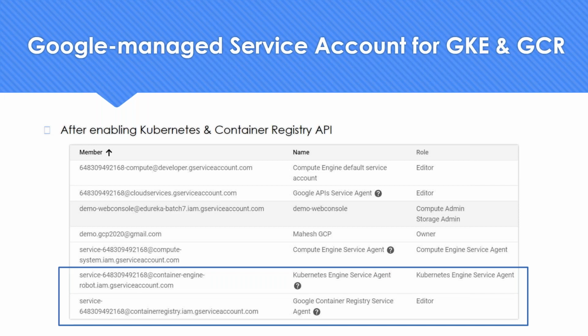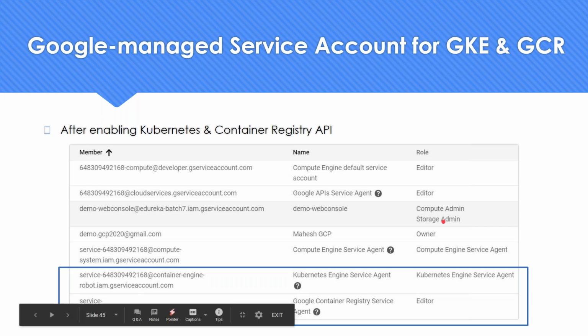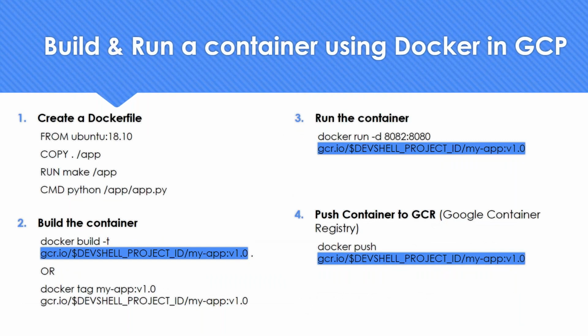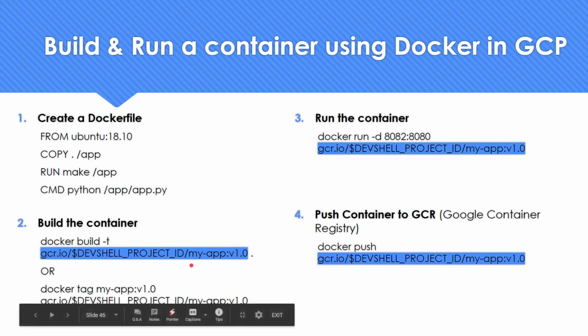We'll just verify this. Once we verify it, we will do a build process one more time, which is specific to GCP. The steps which you saw in the last hour were generic to any cloud. But now what we are going to see is specific to GCP. The specific part is that I'm going to use the gcr.io container registry.